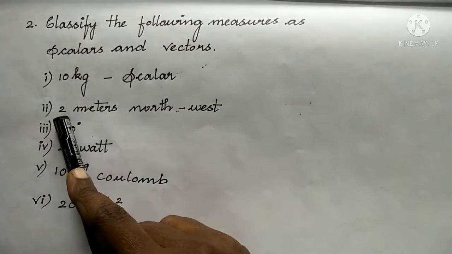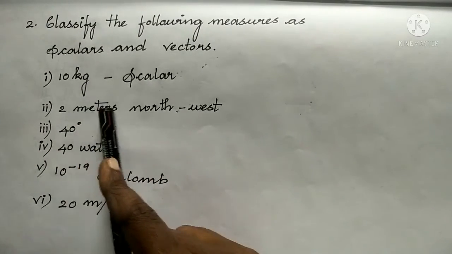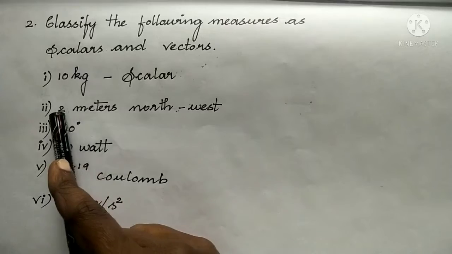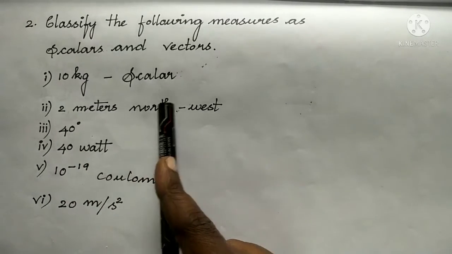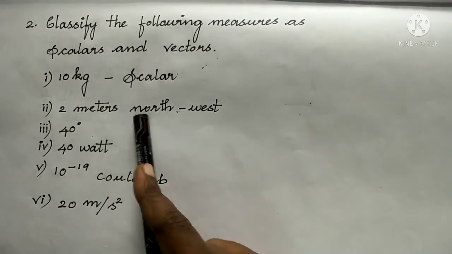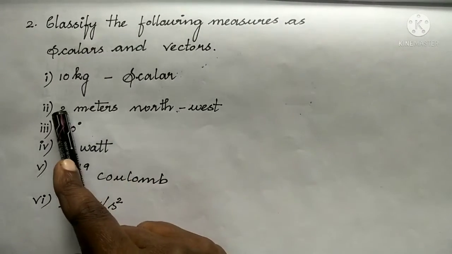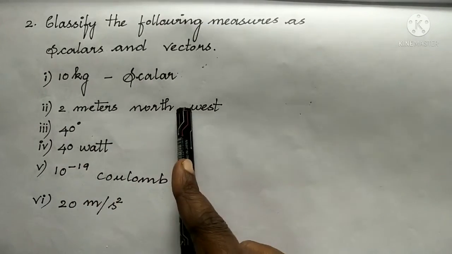Next question, 2 meters northwest. 2 meters is a quantity which is having only magnitude, and along with it we are having northwest. That is, it is mentioning the direction. So this one has involved both magnitude and direction.